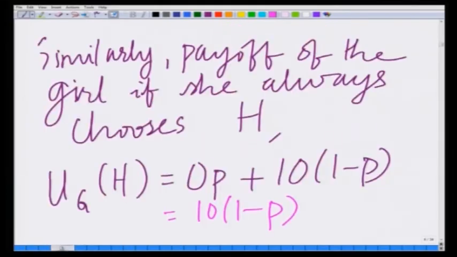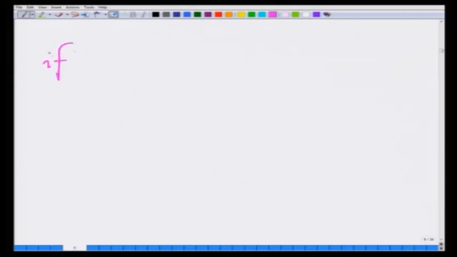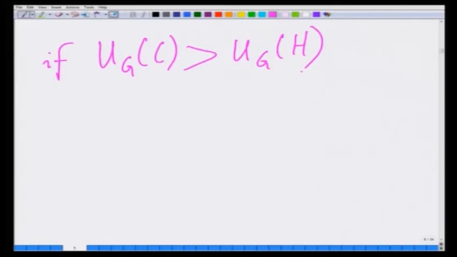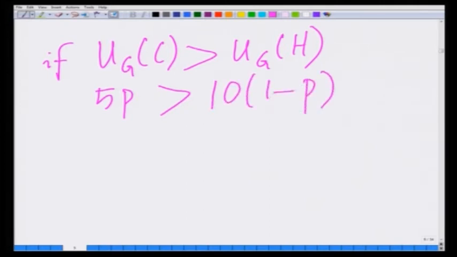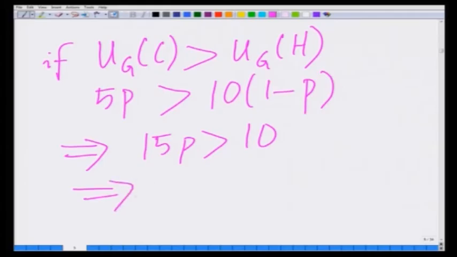If her payoff from cricket, UGC, is always greater than UGH, that is 5 times p is greater than 10 times 1 minus p, and when does this happen? This happens if 15 p is greater than 10, which implies p is greater than 2 by 3.